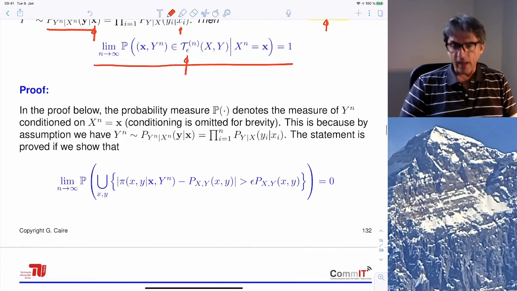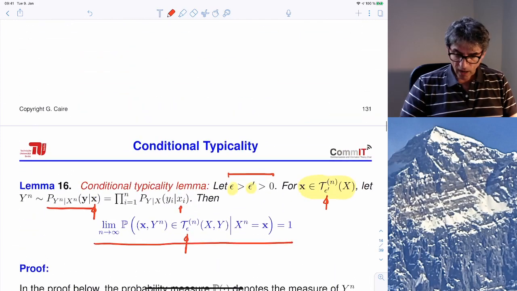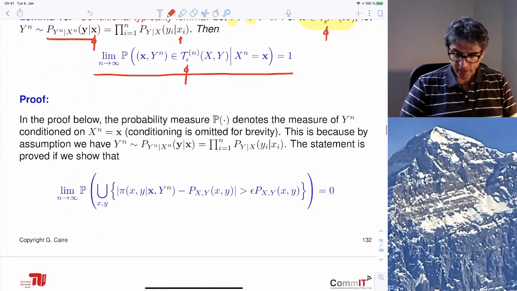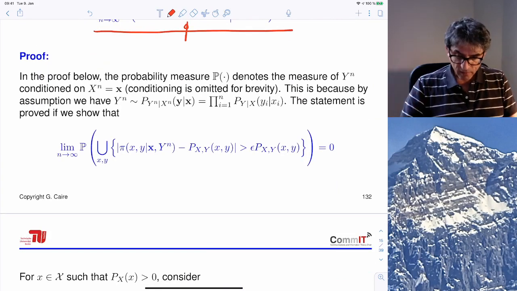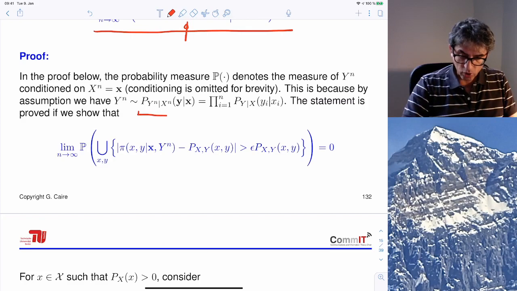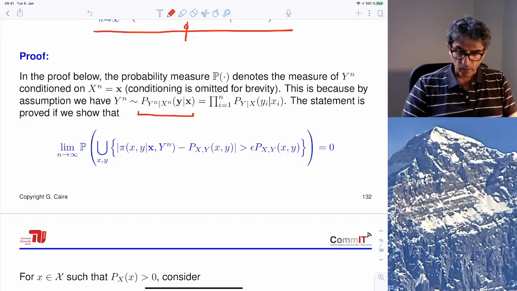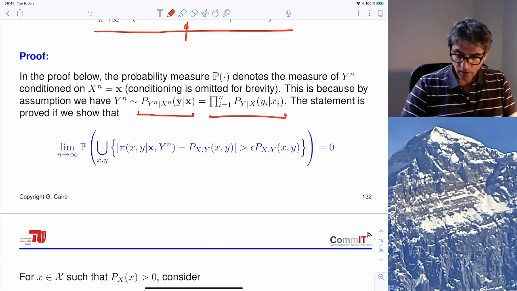So here I give the proof explicitly because it's a little bit more complicated. The proof goes as follows. We pick an epsilon prime typical sequence x, and then given x, we generate y according to a conditional distribution, which is a product distribution where the terms are these conditional probabilities.